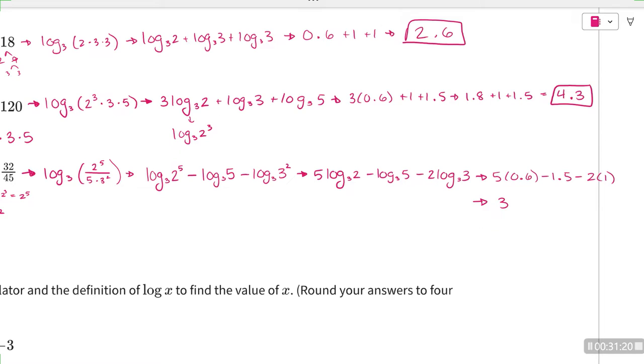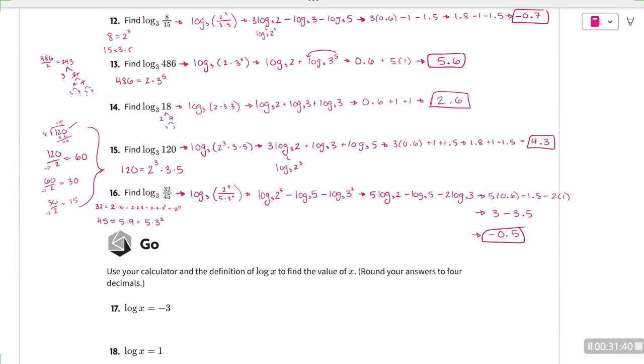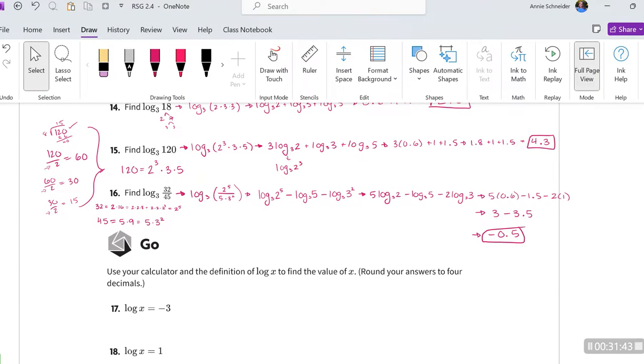This gives us 3. 5 times 6 is 30, so 5 times 0.6 is 3. Minus 1.5 minus 2 is negative 3.5. So that totals negative 0.5. Awesome. So there's question 16.